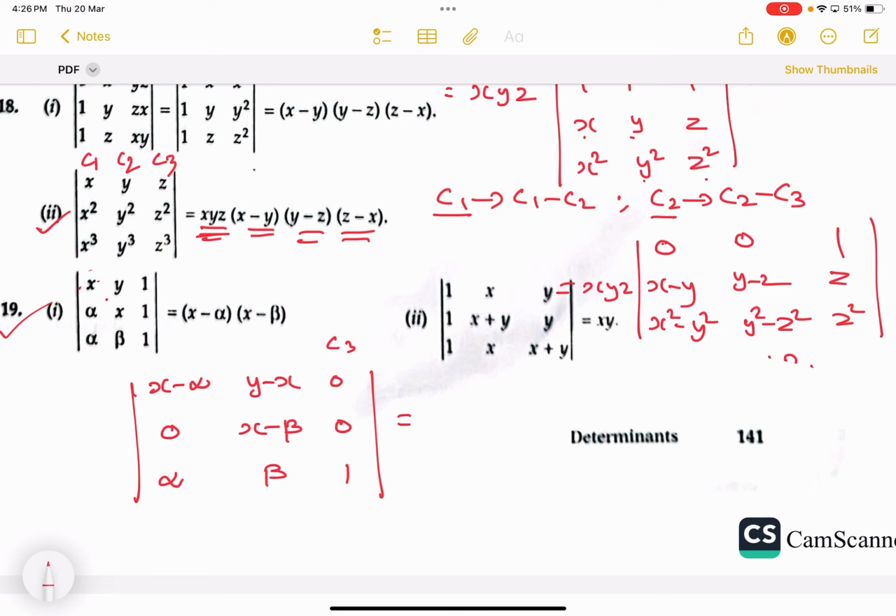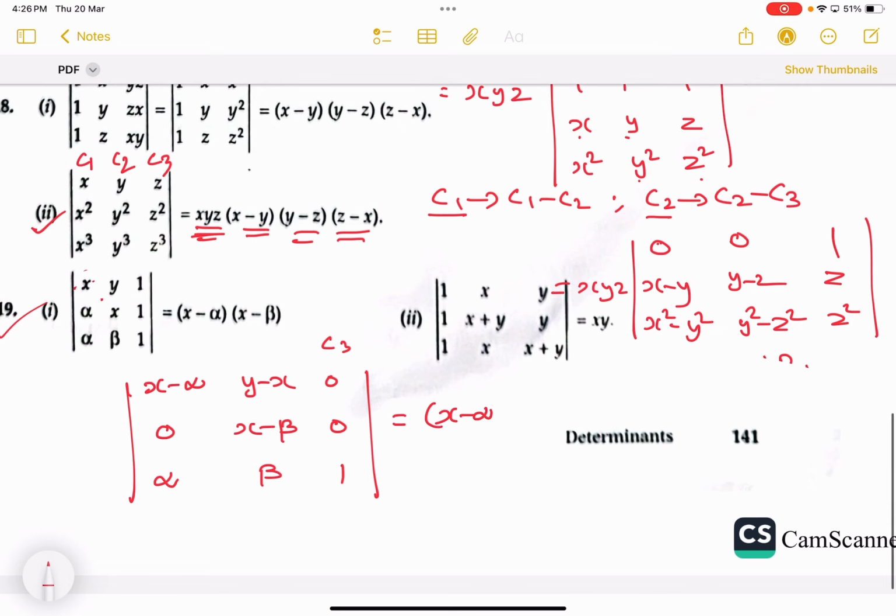Expand by column 3, it will become x minus alpha into x minus beta minus 0 into y minus x. So the answer is x minus alpha into x minus beta.